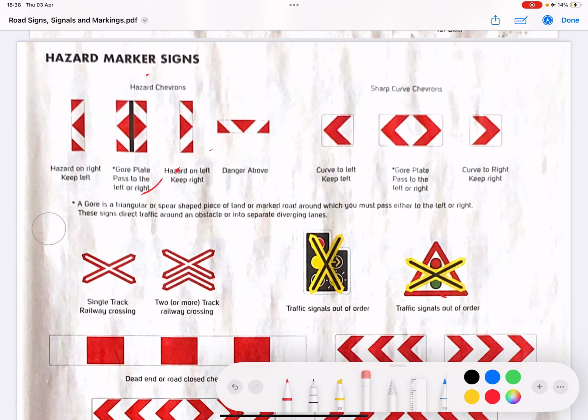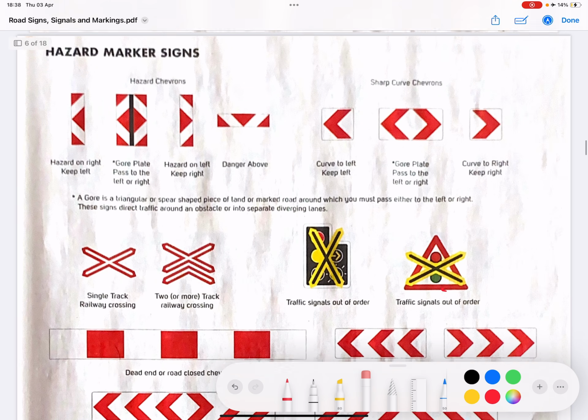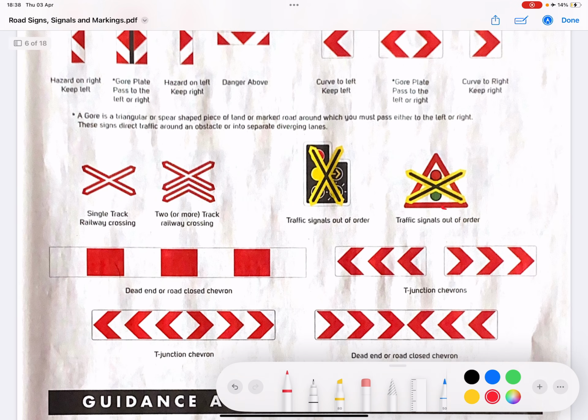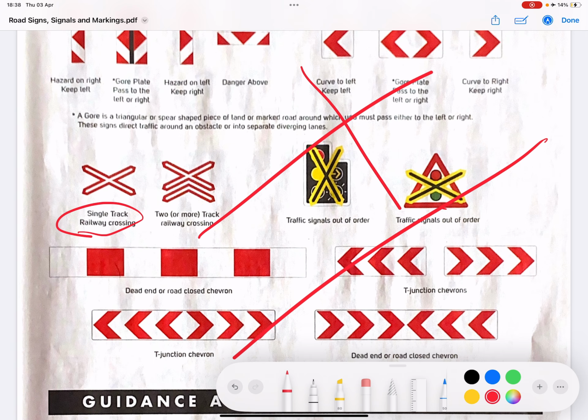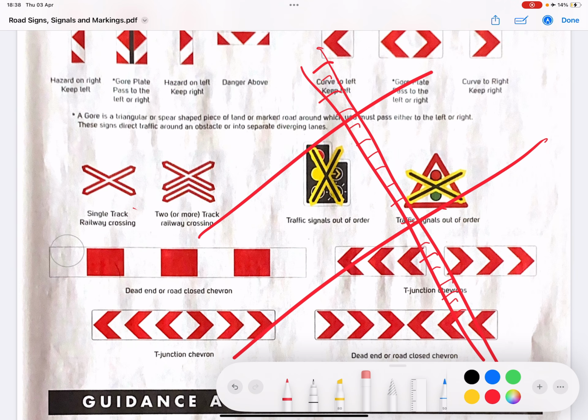And then we jump on to the single track railway crossing. So there's a railway crossing there, okay? Railway crossing, there it's crossing the road, okay?